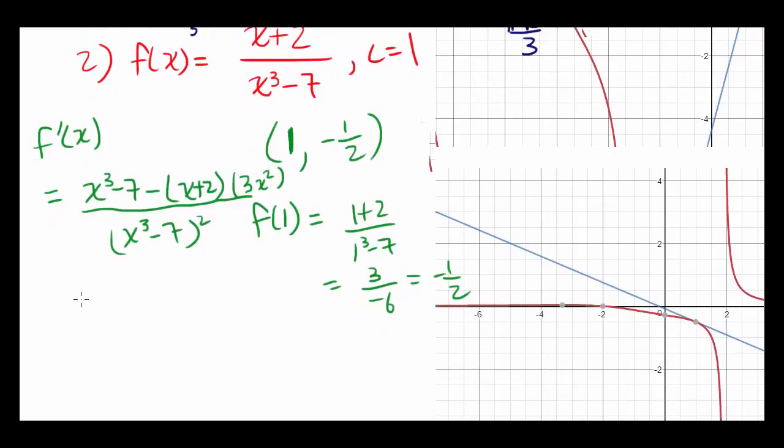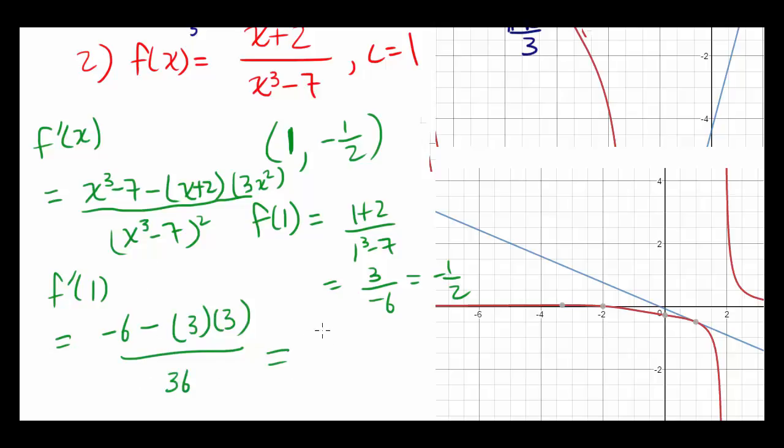Now, you're trying to evaluate f prime at x equals 1. So f prime of 1 is going to be 1 cubed minus 7, negative 6, minus 3 times 3, over negative 6 squared or 36. That's going to give you negative 15 over 36, also known as negative 5 over 12. So that's going to be the slope.